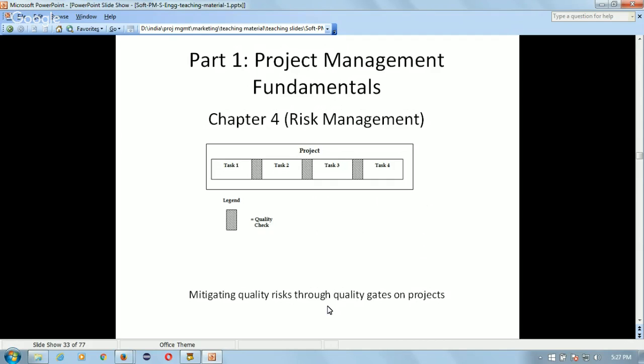So to ensure that there are no defects entering the later stages of the development of the software product, it is better to have a quality check after completion of a task.